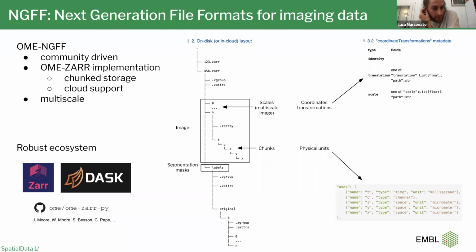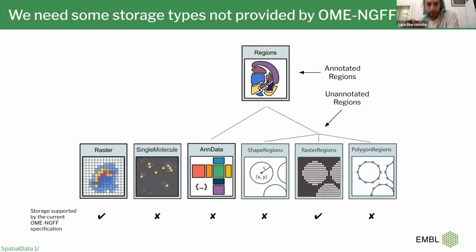So this looked like a very good building foundation for our representation, but we needed extra storage information. In particular, for representing spatial multi-omics data, you need a representation for single molecules and a representation for regions. These regions, or to be precise, annotated regions, are basically a geometrical description of the regions plus the annotations.